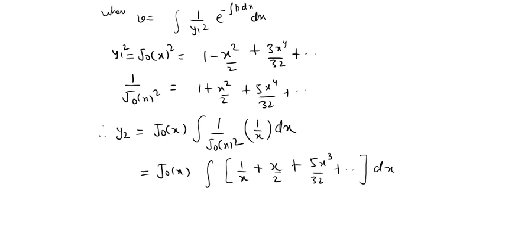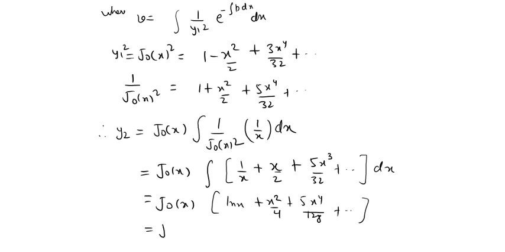Okay, so now integrate. So this is log x, this is x square by 4, this is 5x4 by 128 and so on. So you have the solution: J0 x, J0 and y1 both are the same.